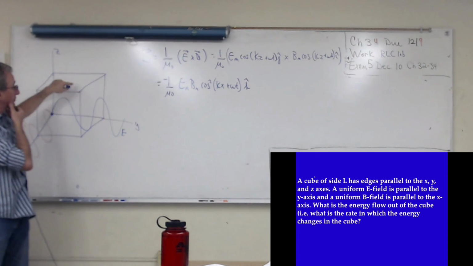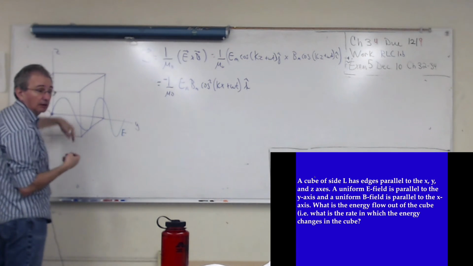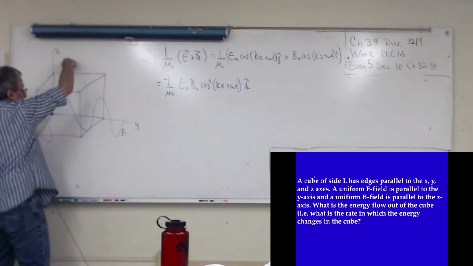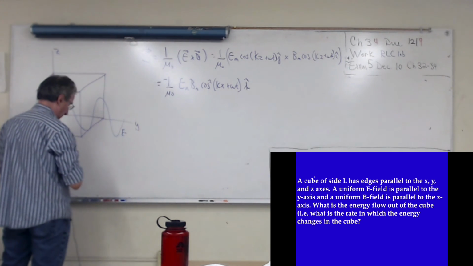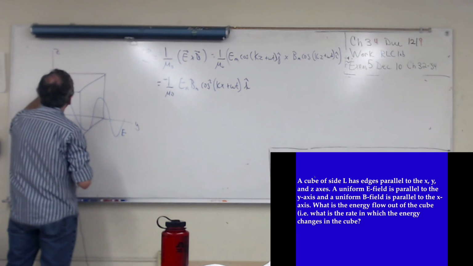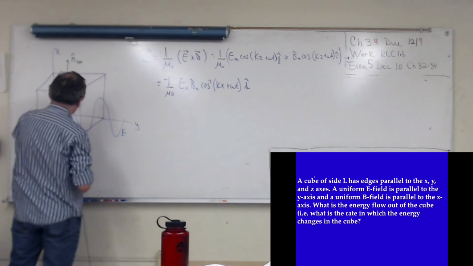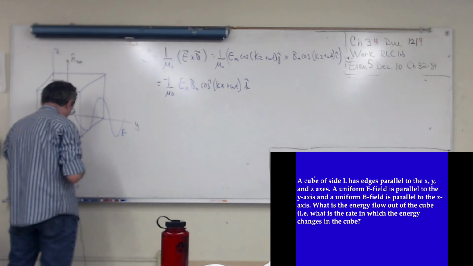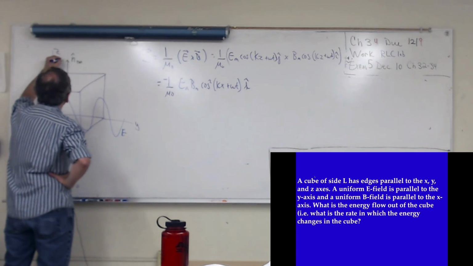How much energy flows through this surface? So the energy is going to go this way, right? Energy is flowing downward. This is the normal to the top. This is the normal to the bottom. S is this way.